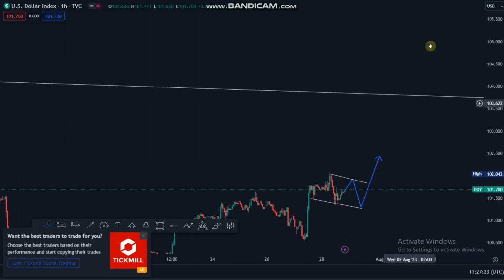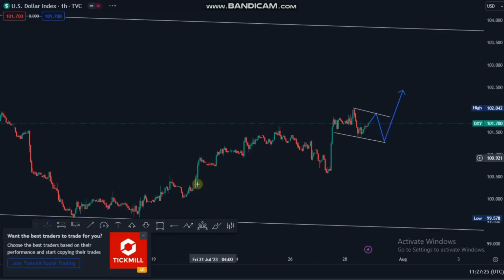Oh yeah, so what I was saying is you can see that here we have an impulse, then a correction, then an impulse, correction, impulse, correction, impulse, then a deeper correction, then an impulse. So now we are expecting a much deeper correction, then continue to the upside, right? So if we can have a correction on the 1-hour time frame, then that's when we can place our buys once it breaks our structure, and then yeah, looking for more buying opportunities.